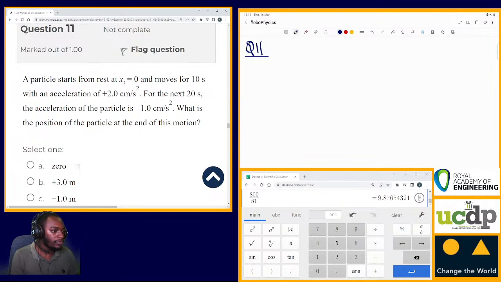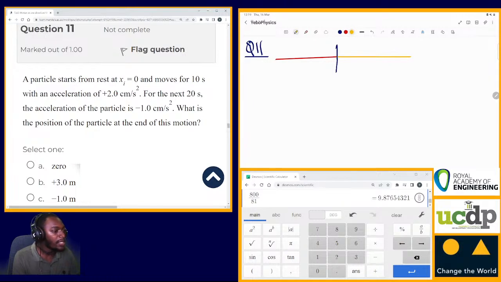So our journey is in 2 parts, so I'm going to make a sketch. This is our first part of the journey, and this will be the second part of our journey.